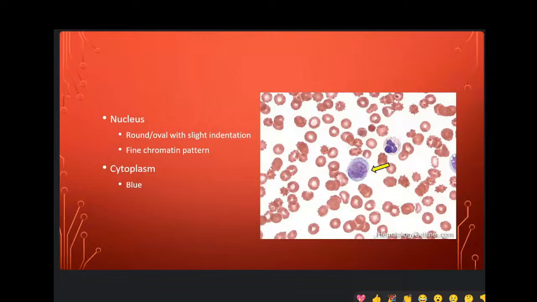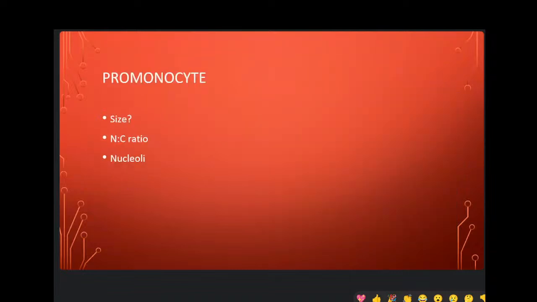Anyways, let's go with the next cell in this maturation series. That's the promonocyte, sorry, premonocyte. Promonocyte has a size of 14 to 18 micra. The nucleus to cytoplasmic ratio is about 3 to 1, 2 to 1.